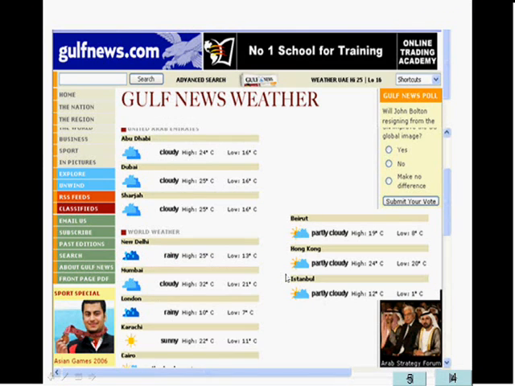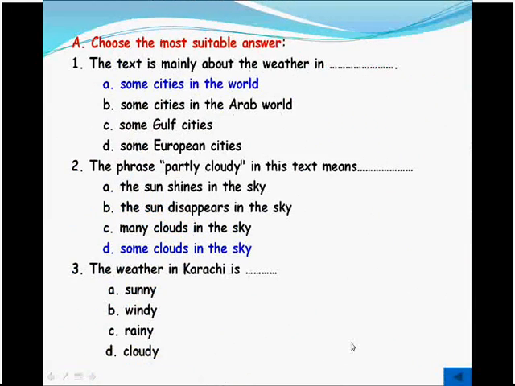So in order to find the correct answer, we have to scan the whole passage and look for the word Karachi, which is in here, and then what is the weather like there? It is, as you can see, sunny. Very good. Let's look at the answer.